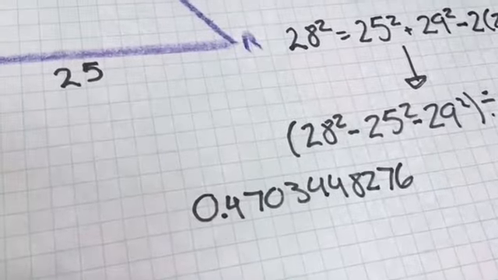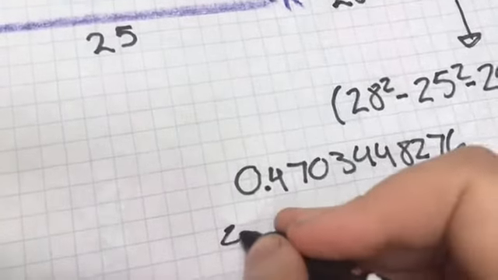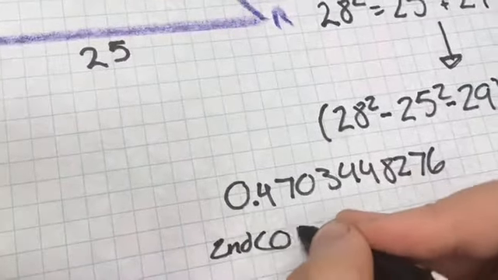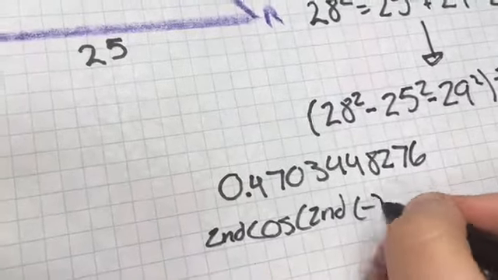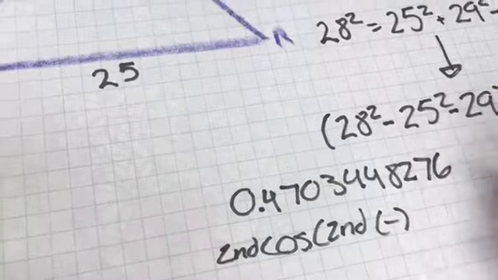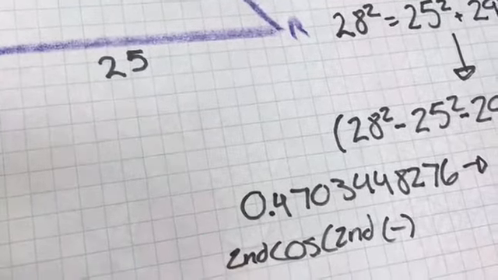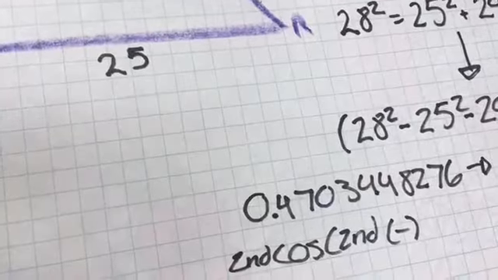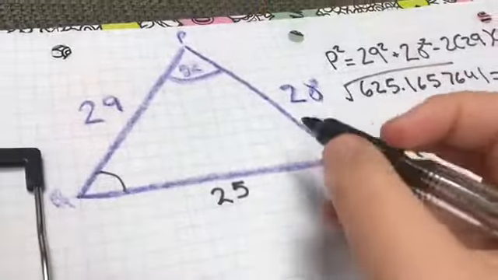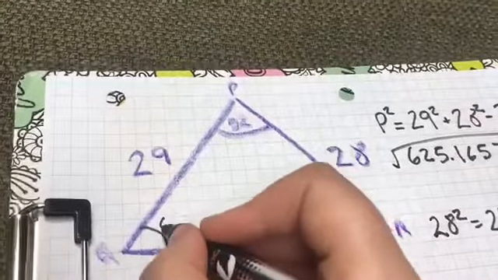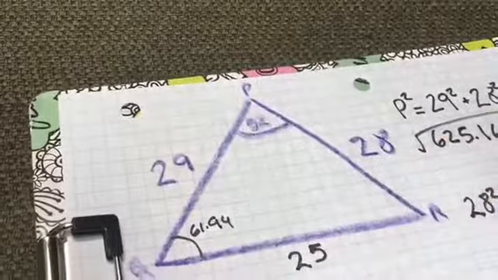Now, if you watched our last video, you know that if you do second, cos, brackets, second negative, you can do that, and it will convert it into 61.9433, which would be this angle. So that would be 61.94.